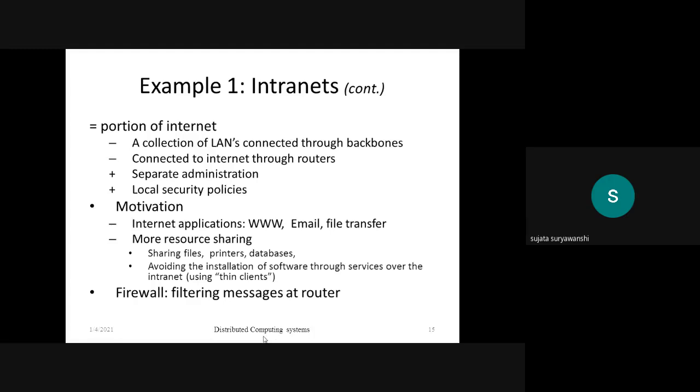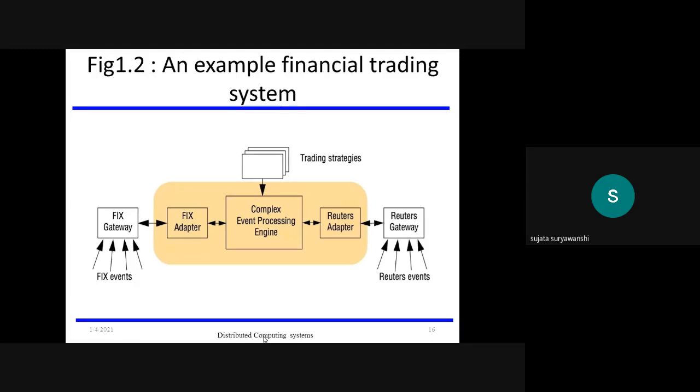Now the next one is the example of financial trading. Again, a distributed system is designed for a specific purpose. It can be for a college, a restaurant, finance, or a bank. We can develop a distributed system for any application.